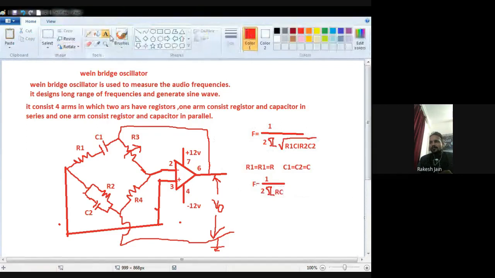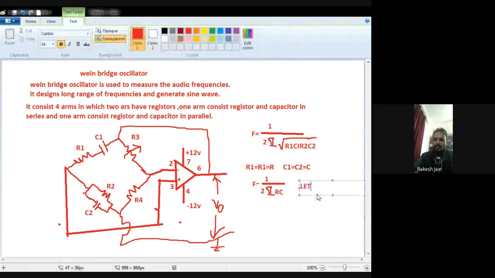Let's suppose we are going to design a circuitry. Let the frequency we choose be 1 kilohertz, and let's suppose the capacitor value is 0.01 microfarad.